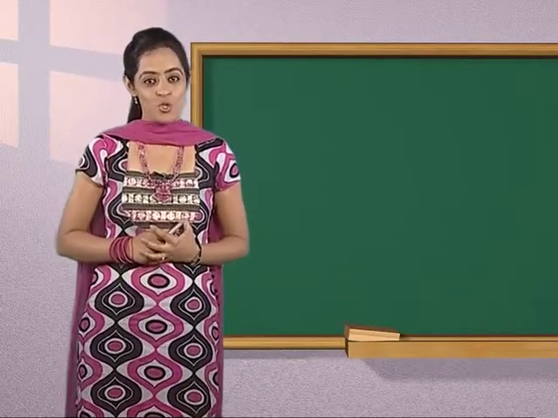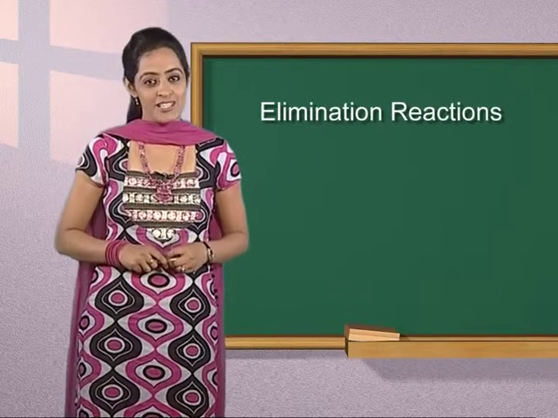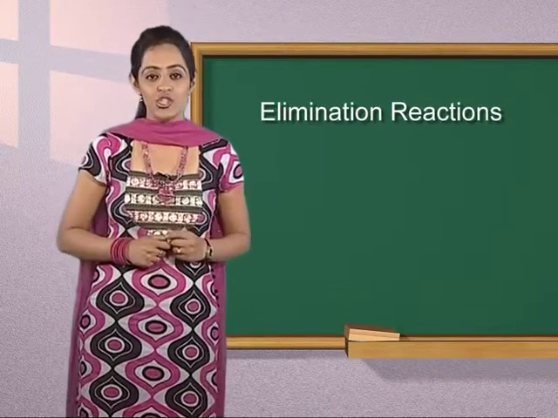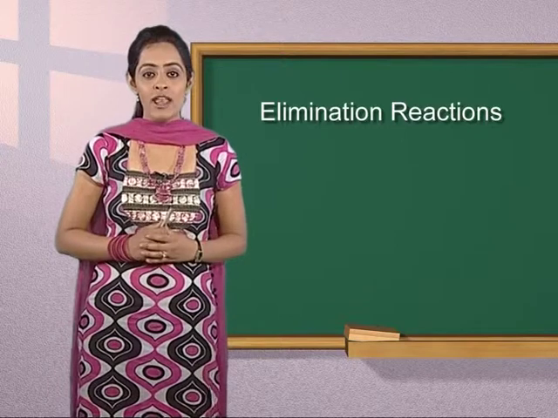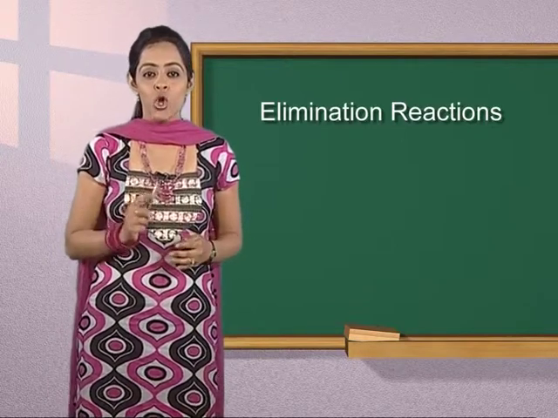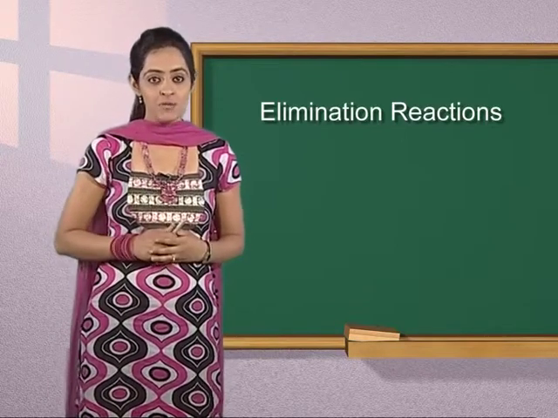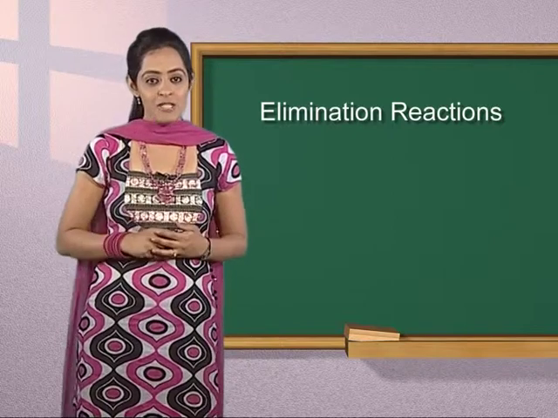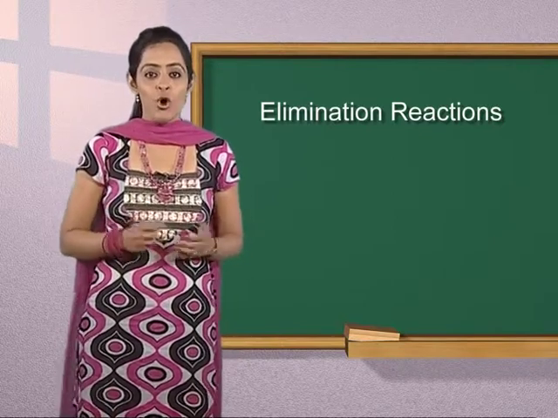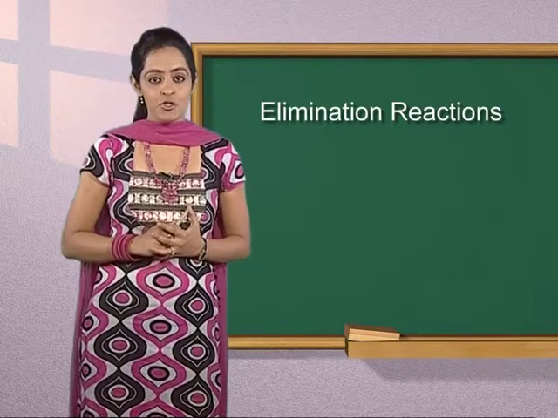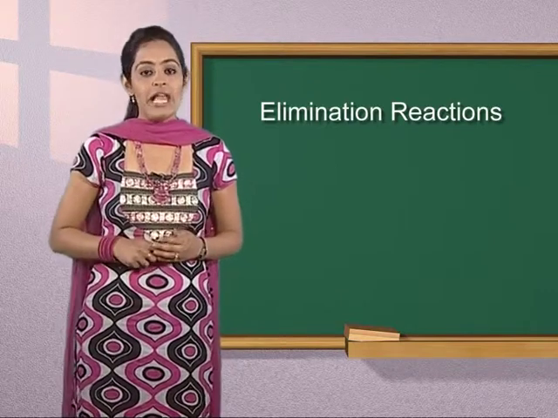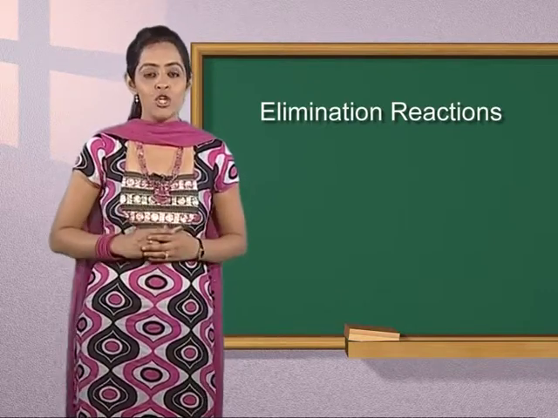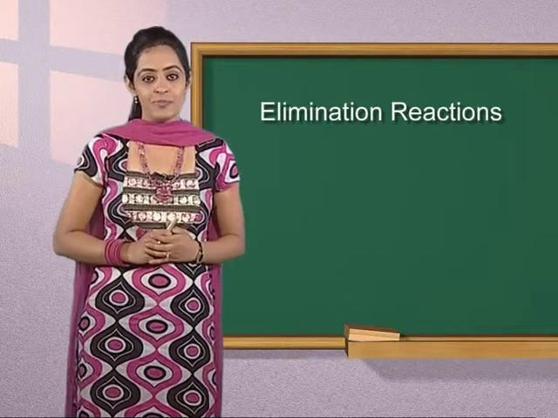In today's episode, we will learn about elimination reactions. An elimination reaction is one that involves the loss of two atoms or groups of atoms from the same or adjacent atoms of a substance, leading to the formation of a multiple bond.